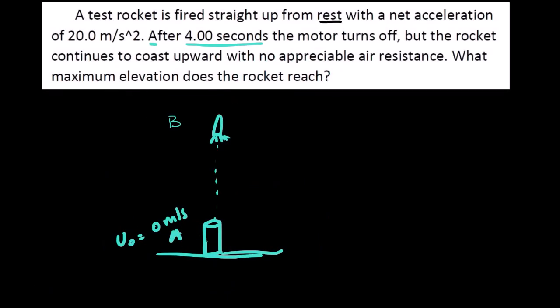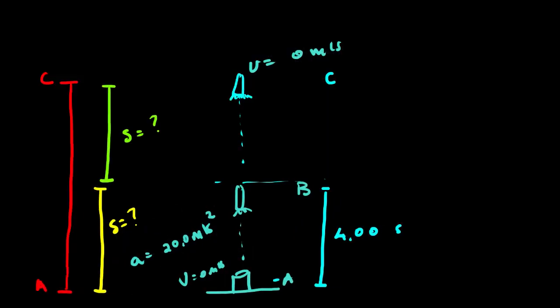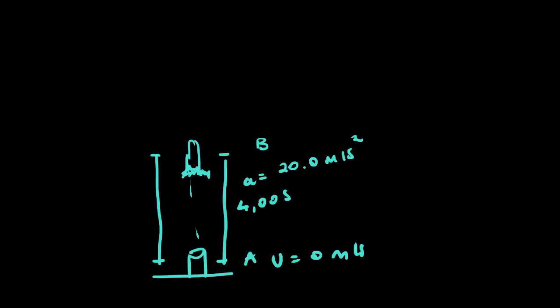Now this is A to B, but let us actually use another page. To make things easier, let us calculate all the unknown physical quantities from A to B. The first thing, we do have time. We know that the net acceleration is 20.0 meters per second squared.